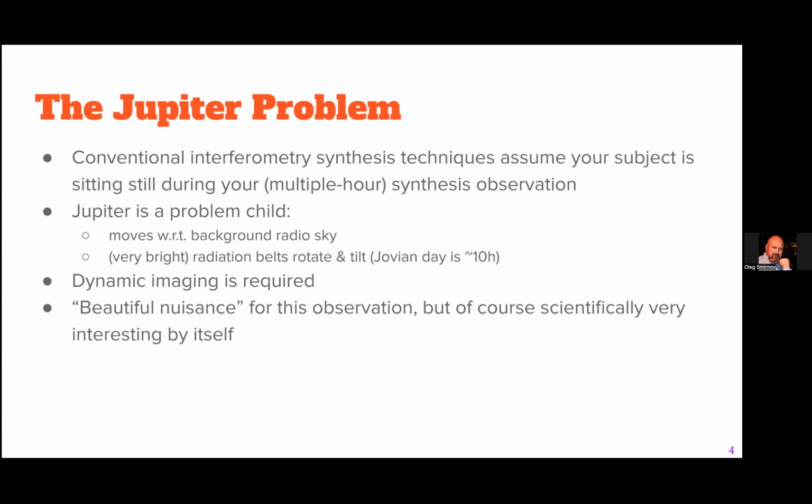This problem is even worse in radio interferometry because you're taking data in Fourier space, so you're implicitly assuming that the Fourier modes corresponding to your image stay the same over the 9 hours it takes you to measure them and build them up. If the underlying image is changing, you're actually measuring different Fourier modes, and then the Fourier transform doesn't just cause a problem where the moving object is, it causes a problem all over the map. And Jupiter in this case is very much a problem child because it's massively bright and extended. It's got its radiation belts.